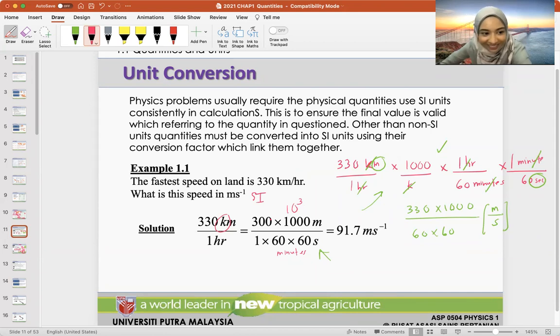Tersilap kat sini, sorry. Example dia tersilap sikit. Kalau kira calculator, saya tak tahu jawapan dia betul ke tak. 330.